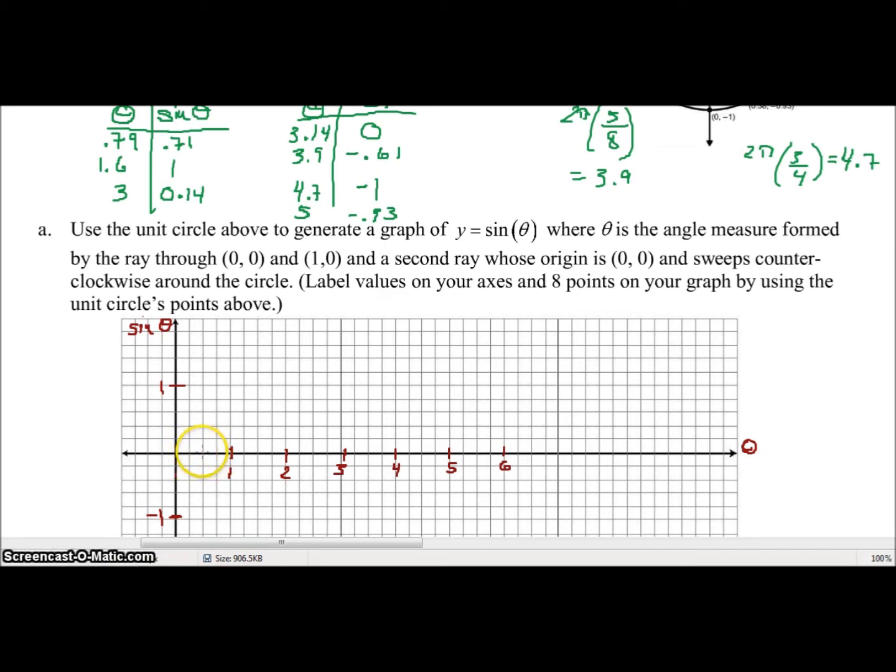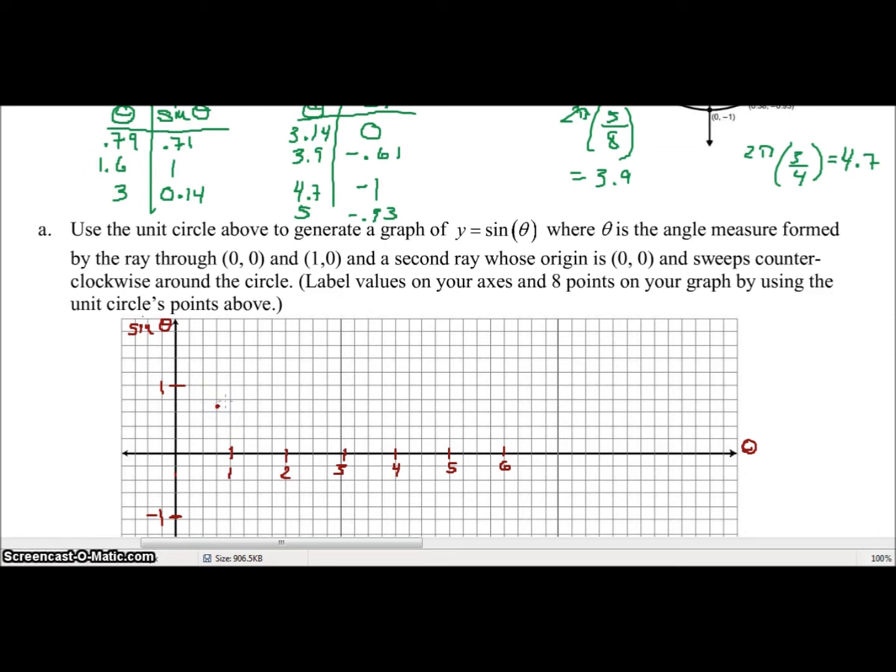So 0.25, 0.50, 0.75. So 0.79 is just a little bit bigger than this. We're all the way at 0.71. And then we did go 5 up this way, so we need to go up 0.2, 0.4, 0.6. Let's see, 0.8 would be up here, 0.71 about right here. Yeah, somewhere around here.